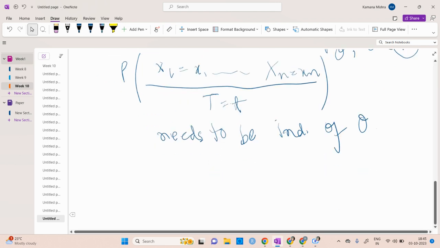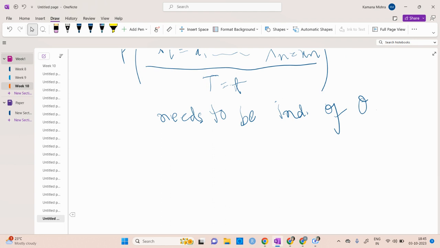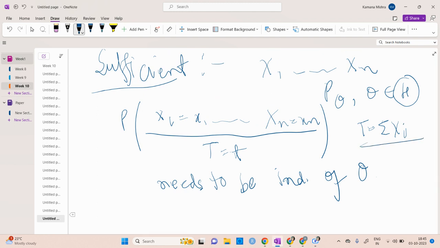If we are finding the conditional probability in terms of this, and T is nothing but summation Xi, we are finding the conditional distribution of X1, X2 up to Xn given summation of Xi.